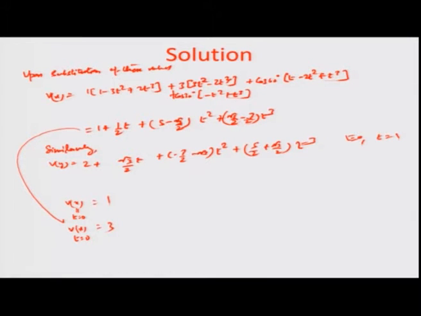And similarly, if I wanted to see the v x and v y at t equal to 1 in both the cases, these values would turn out to be exactly, I am sorry, this is v y, 2 and 1. Okay.